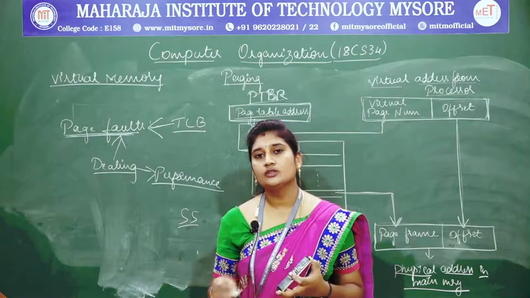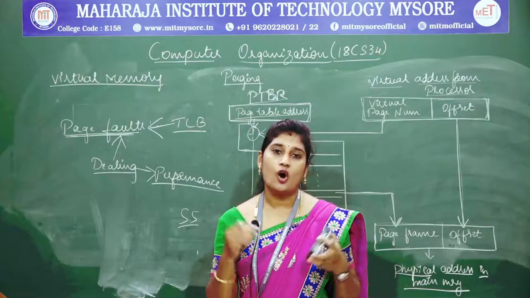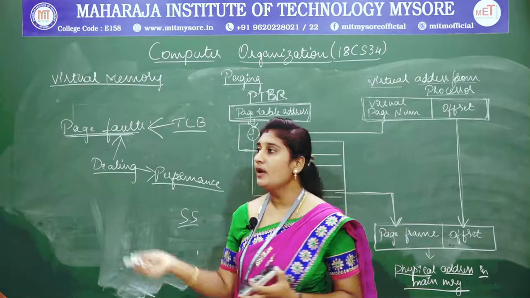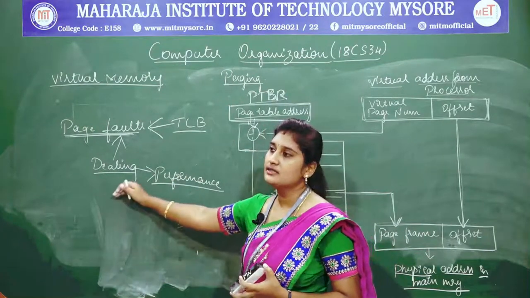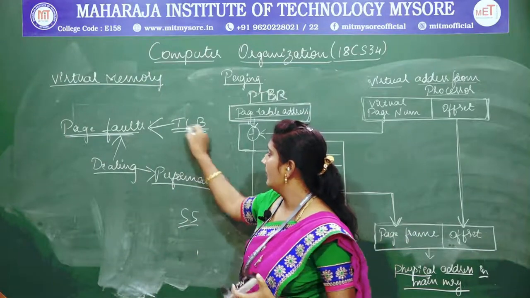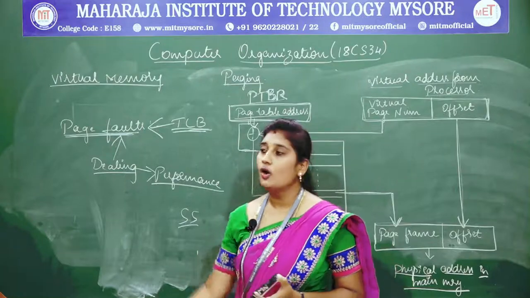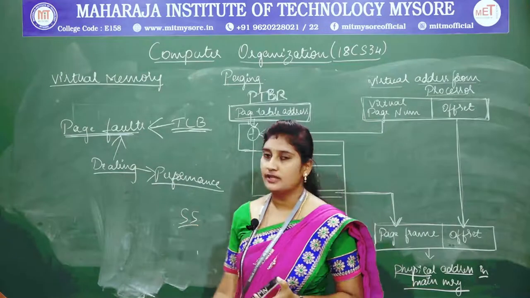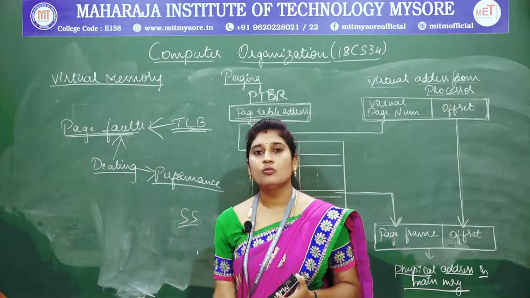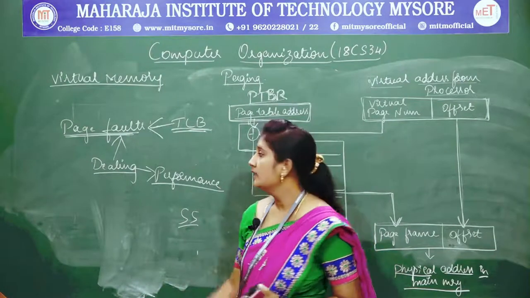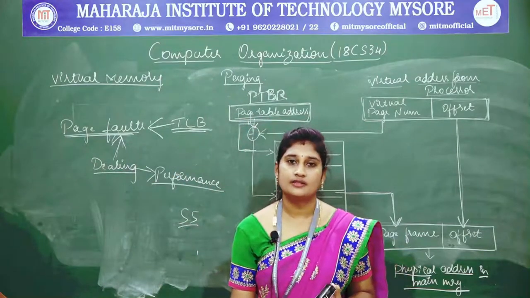To reduce that time consumption, you halt the execution of the program and move to the next execution where the pages are present in the TLB itself. You perform that execution, and once the data is found in your secondary storage and moved back, you resume that execution. This is how you deal with your page faults.